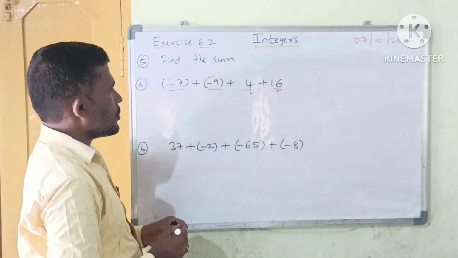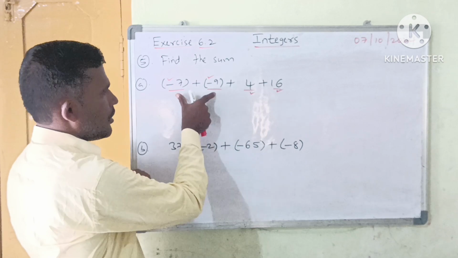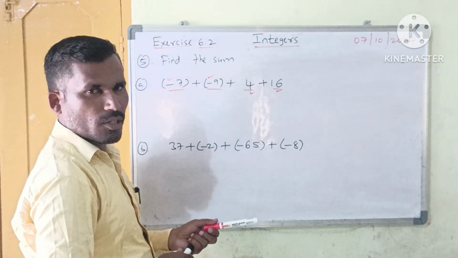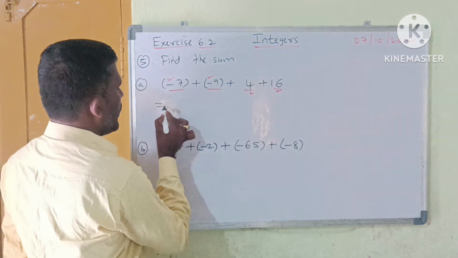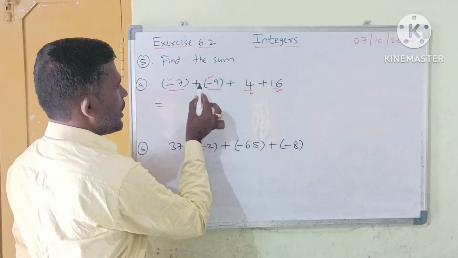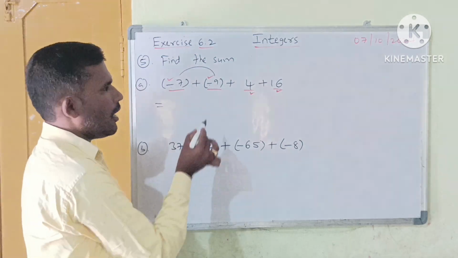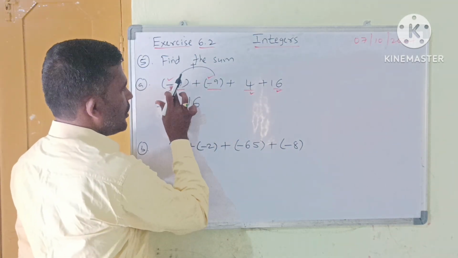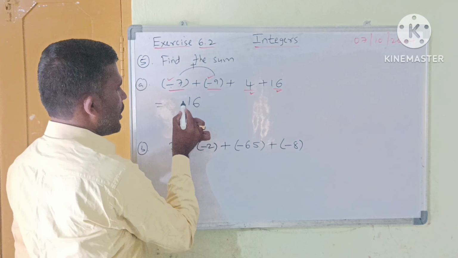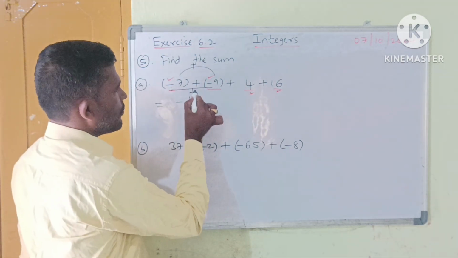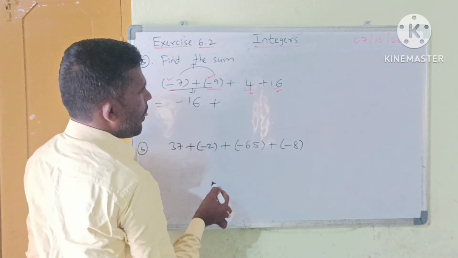When you have it like this, first you have to add the 2 negative integers and the 2 positive integers. While adding, both have the same sign, so leaving the sign aside, adding these 2, 7 plus 9 is 16. For these 2 having the minus sign, I am assigning the minus. And plus is plus here.